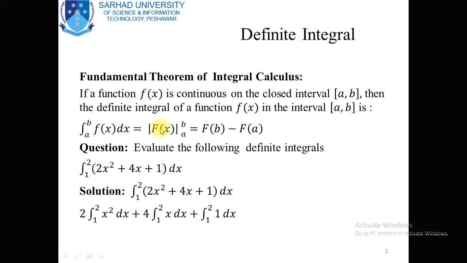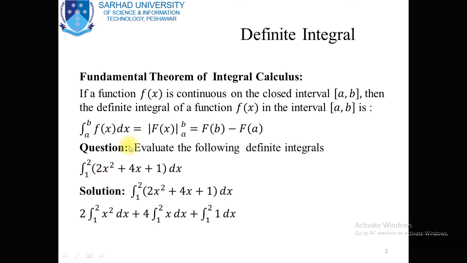Now, after taking integration, we put the upper limit minus the lower limit. For example, we have a problem: integration of 2x square plus 4x plus 1 with respect to x from 1 to 2. First of all, evaluate this integral and then put the limits in the obtained result.